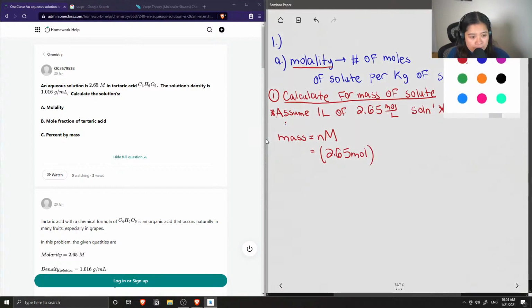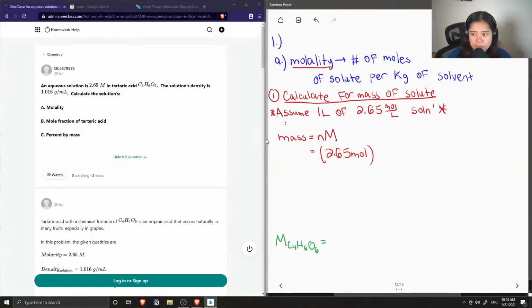But now we just need to find the molar mass of tartaric acid. So let's try to do that at the bottom here. The molar mass of tartaric acid, which is C4H6O6.